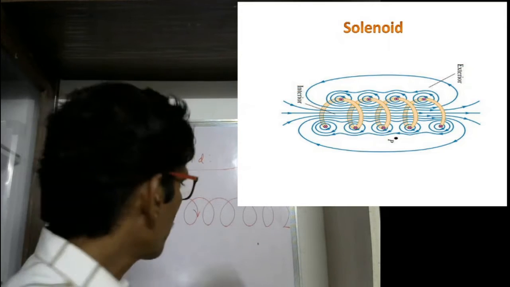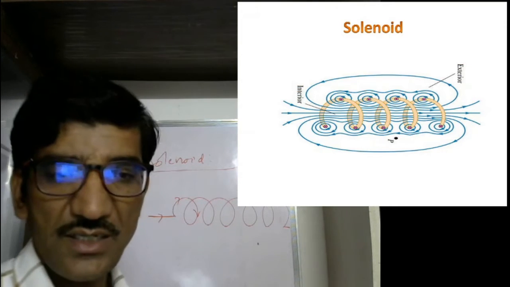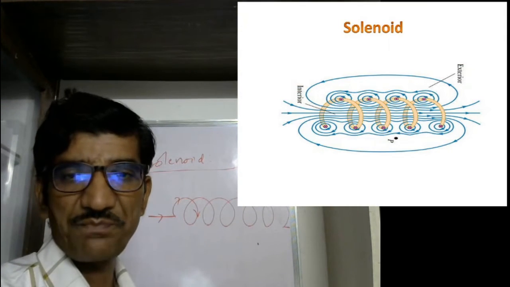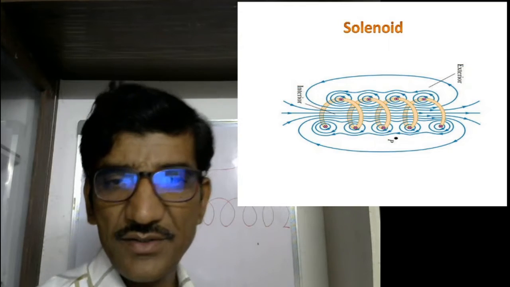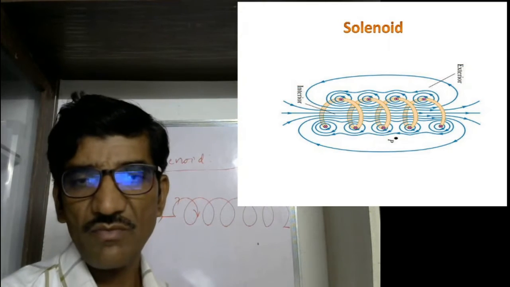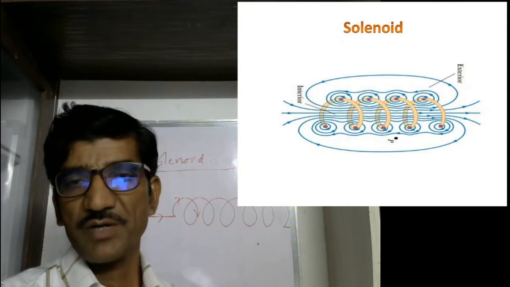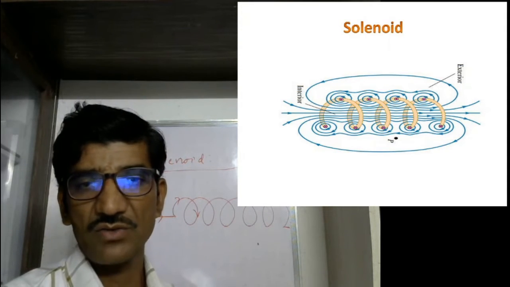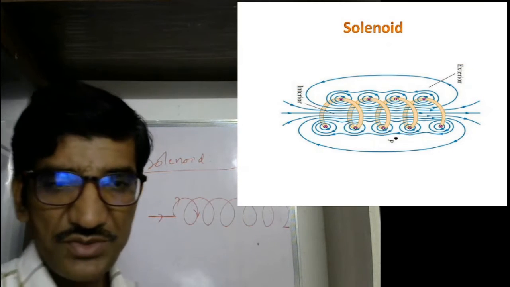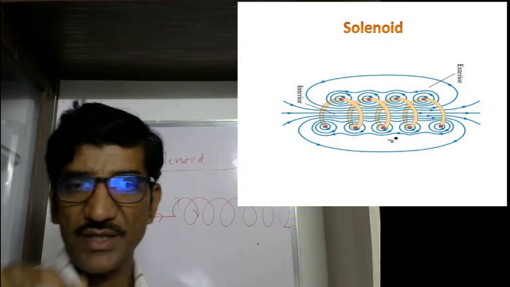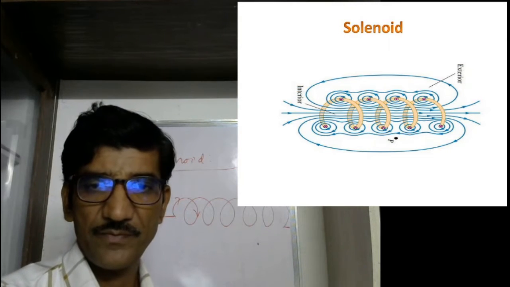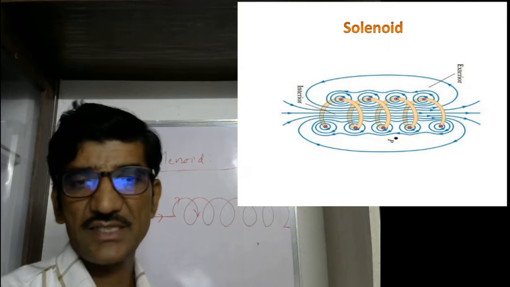At any place, you just use the right hand thumb rule to know the direction of the field lines. We can see the field lines in the slide. At the upper portion of the coil, the current is coming out of the paper. In the lower portion of the coil, the current is going inside of the paper. You are observing that.